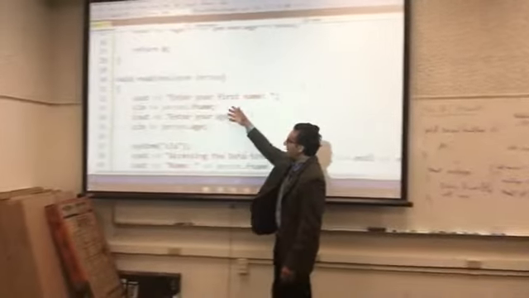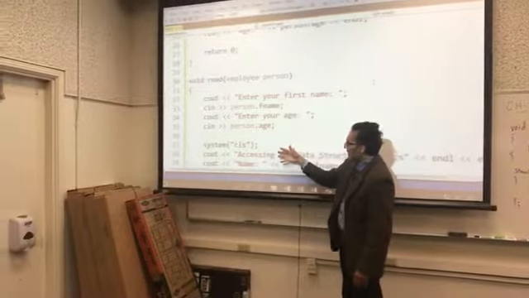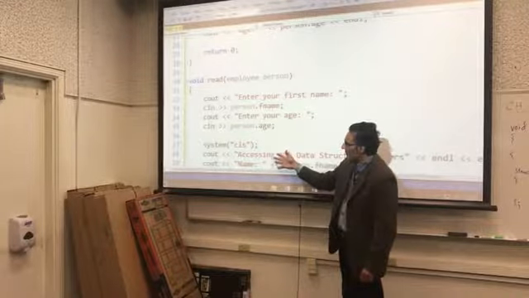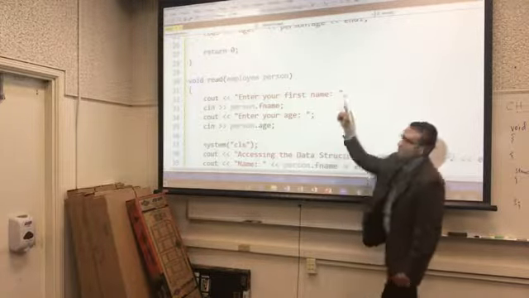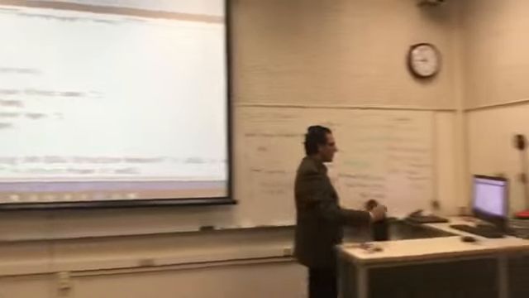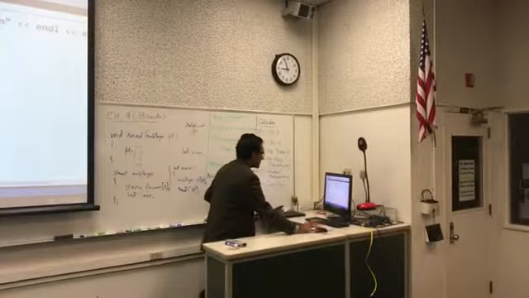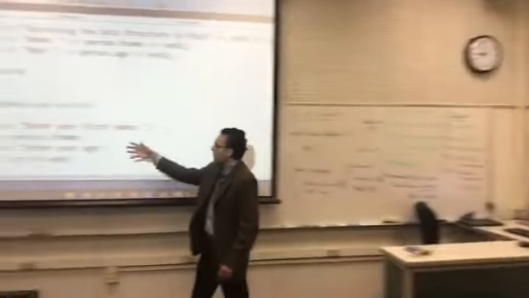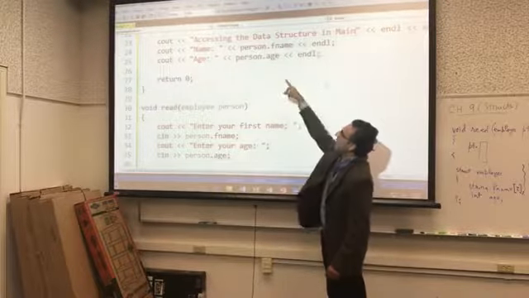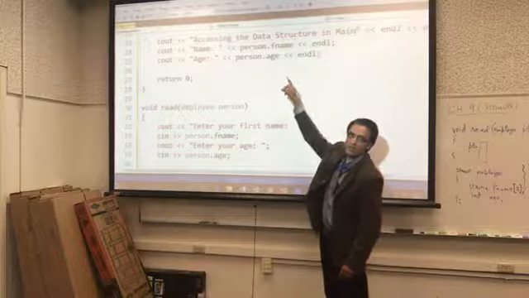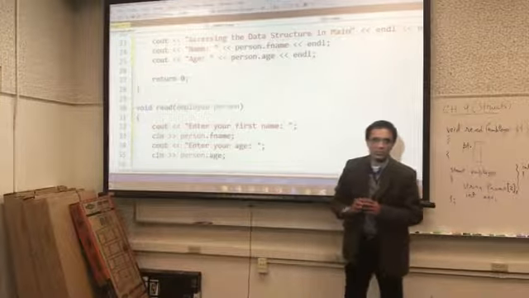I'm populating the data right here. And I verify the results are available within the read function. When I go back to the main function, question for you is, can I see these results? So I populate the data here. I can verify the results in the read function. When I go to the main function above, can I see the results? Yes or no?